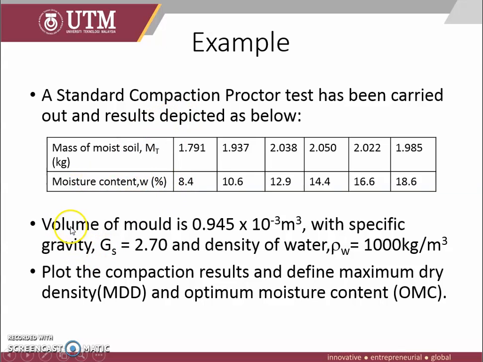They also give us the volume of the mold, which is approximately 1000 centimeter cube, the specific gravity of 2.7, and the density of water, 1000 kilogram per meter cube. So what we have to do now is to plot the compaction curve and define the maximum dry density and also the optimum moisture content.